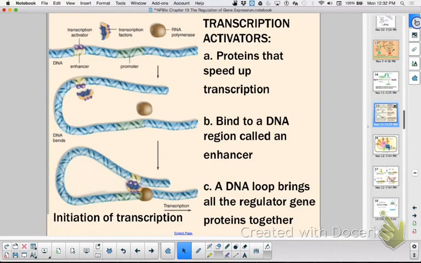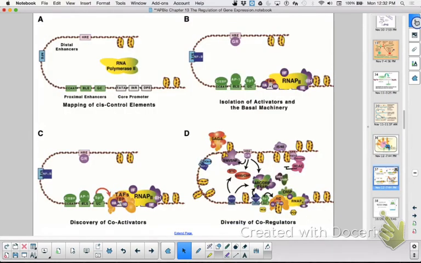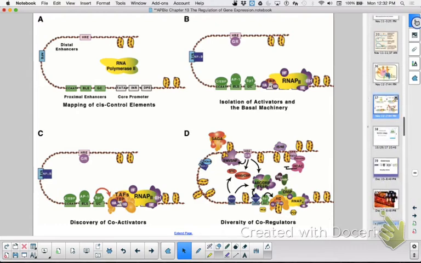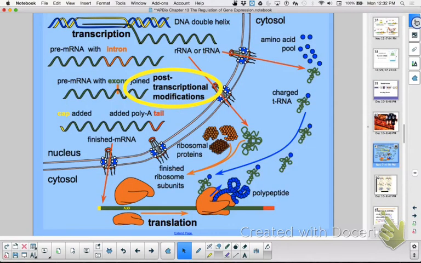And that's the biggest point of control for most genes: can RNA polymerase get on that promoter and do its job? Once we're done with that, we can cap it, we can tail it, we can modify it. It has to get out of the nucleus. Whether or not it gets bound to a ribosome, these are all things that can interfere.